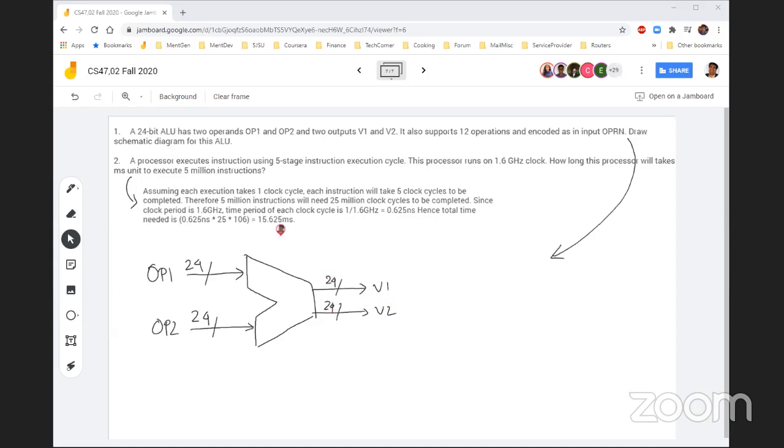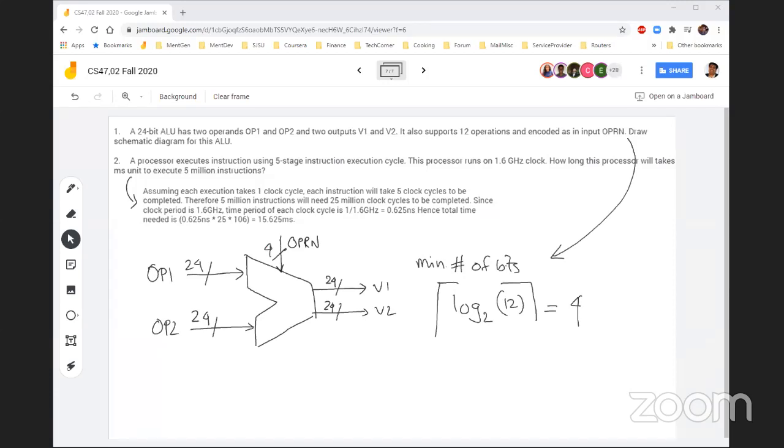On the operation side, if we want the minimum number of bits, it is log base 2 of 12, which comes from the 12 operations. Take the ceiling of it, which is 4. So this is the schematic or interface diagram for the ALU.